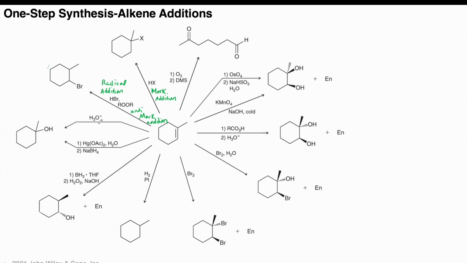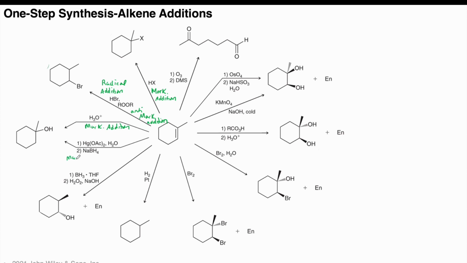Acid catalyzed addition of water resulted in Markovnikov addition, where the OH adds to the more substituted carbon of the alkene, while the H added to the less substituted carbon of the alkene. Oxymercuration, demercuration also does Markovnikov addition, but this one is not susceptible to rearrangement like the others are.